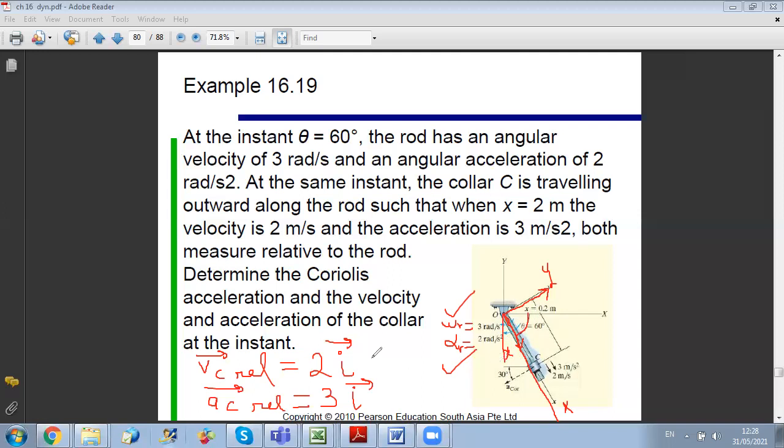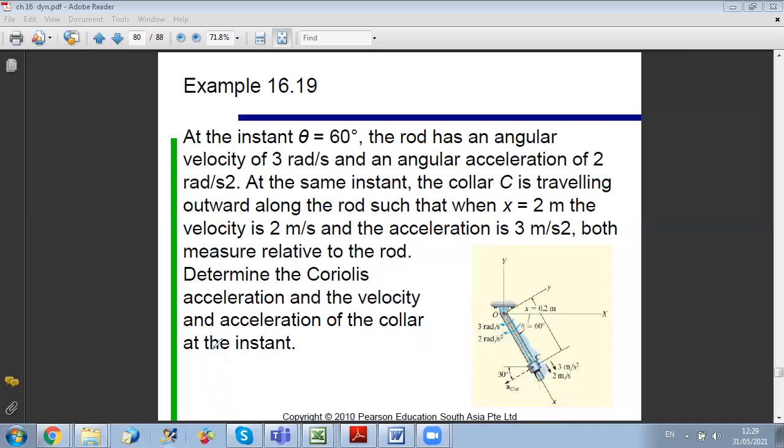It is feasible. Any vector I can write as a function of small i, small j, or big I, big J. For example, VC relative, I can write it as 2 small i, or as 2 times small i projected on big I, big J, which is small i equal to cosine 60 big I minus sine 60 big J. So I can easily move from one frame to the other.